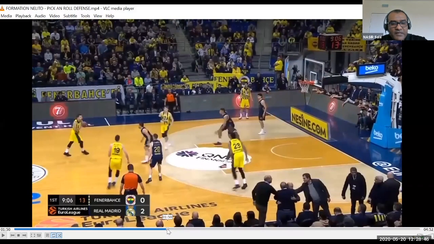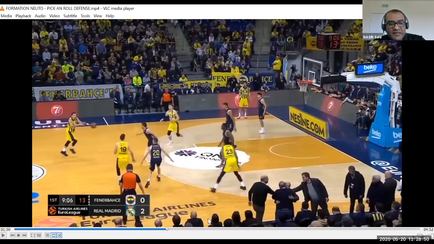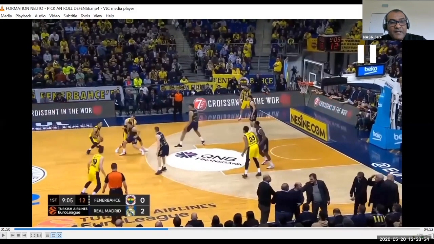This is the moment and situation we talk about for Coach Messina, used as a strategy. If the screen comes and moves one to the left, there is a rotation to close on the player. But now this player, I believe, learned for this moment.